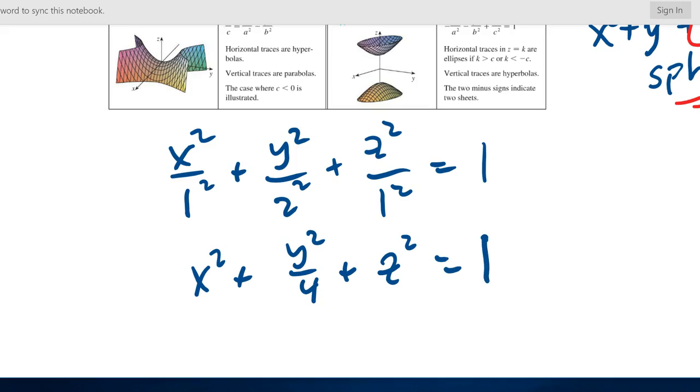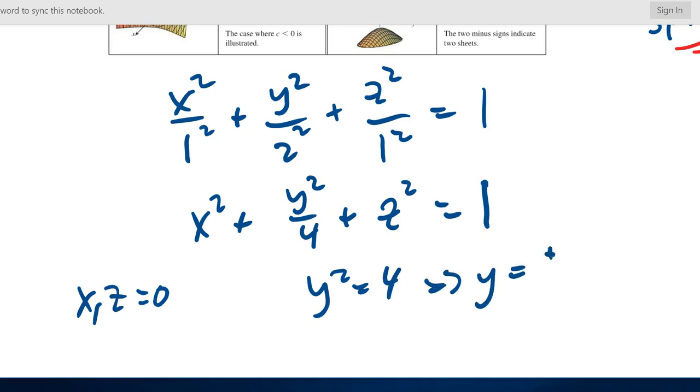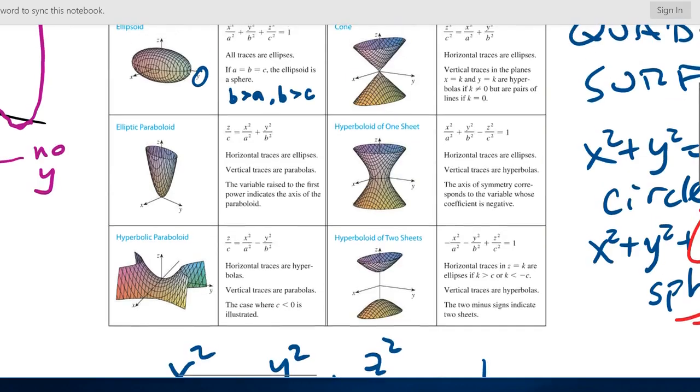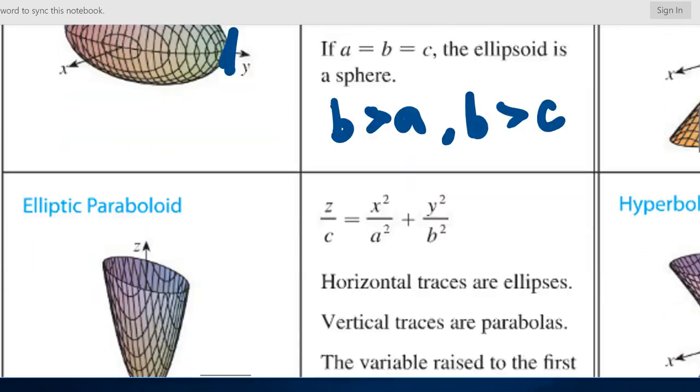Now if you let x and z both be equal to 0, you're going to get y squared equals 4, or y equals plus or minus 2. So in this one, this would be a 2 here, and then in the back would be negative 2.